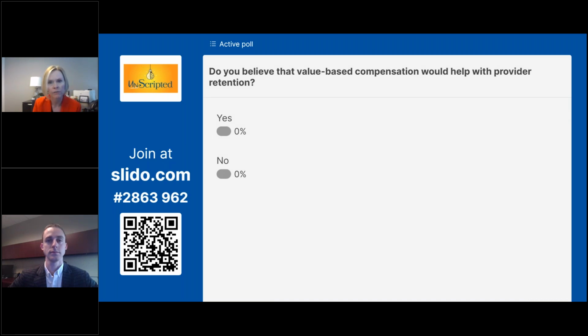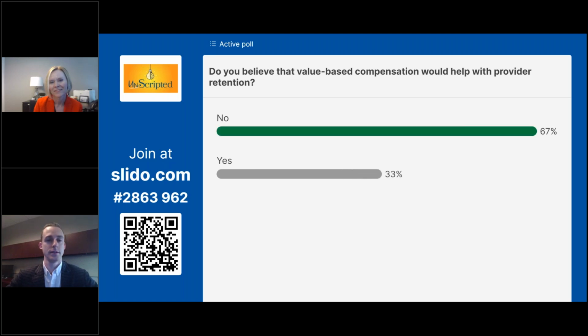So, do you believe, audience, that value-based compensation would help with provider retention? Yes or no? Poll results are interesting on this one.